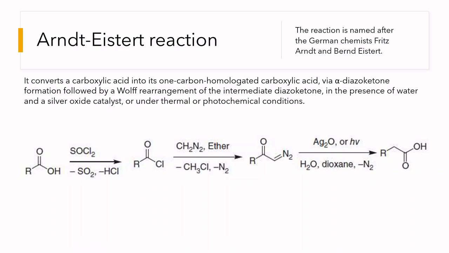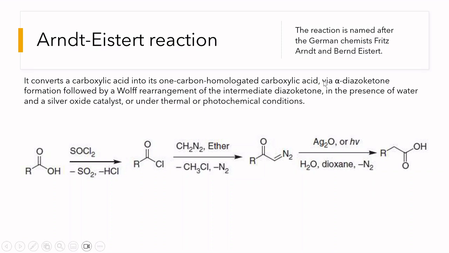That means to its higher homologue. RCOOH is converted to RCH2COOH. So, converted to the next higher homologue. Therefore, this reaction is also known as Arndt-Eistert homologation reaction.